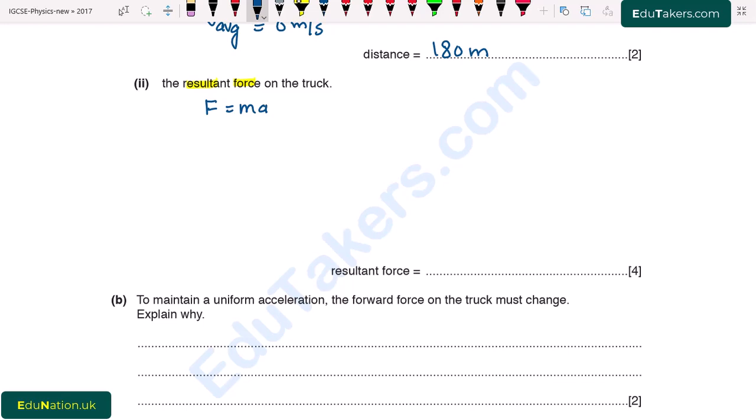So I use the definition of acceleration, which is equal to delta V over delta T, which is V minus U over T. Here V is final speed, U is initial speed and T is time.